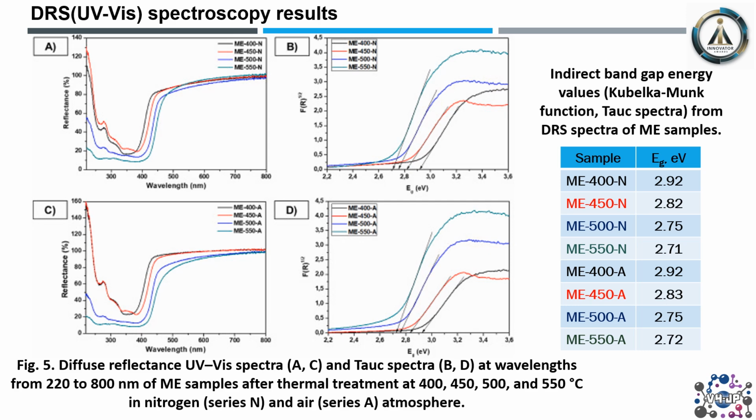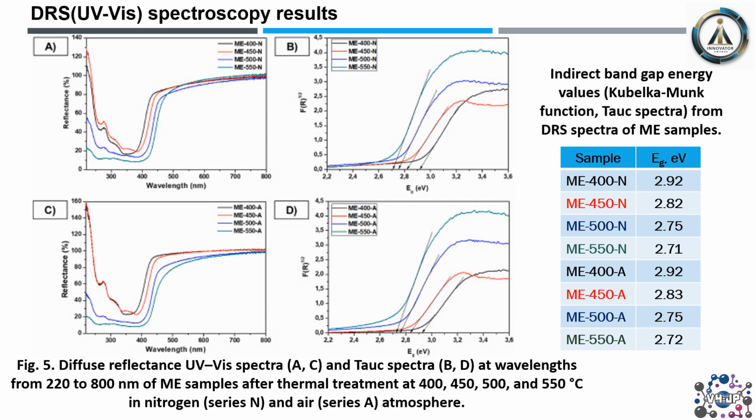Here you can see the diffuse reflectance spectroscopy results with Tauc plots. And thanks to those data, we were able to calculate the band gap energy values. So what we observe is a decrease from 2.92 electronvolts to 2.71 electronvolts as the temperature of annealing increased in both nitrogen and air atmospheres.